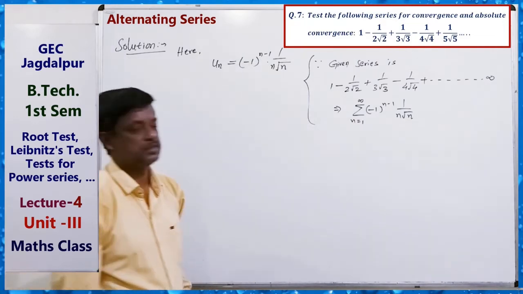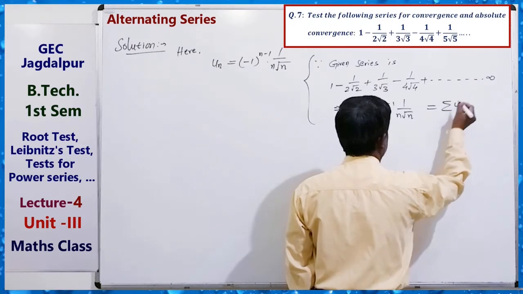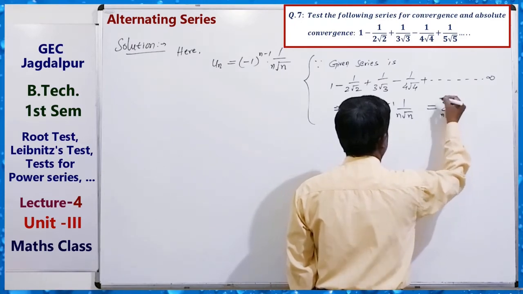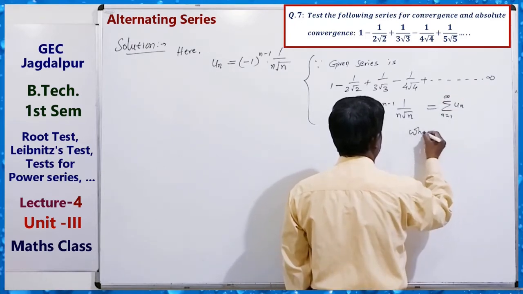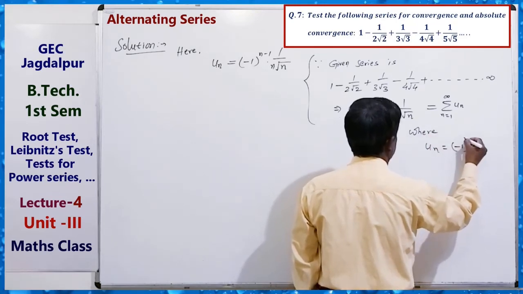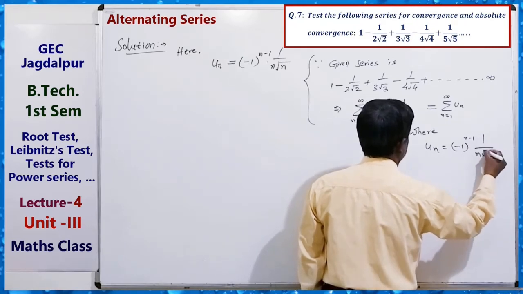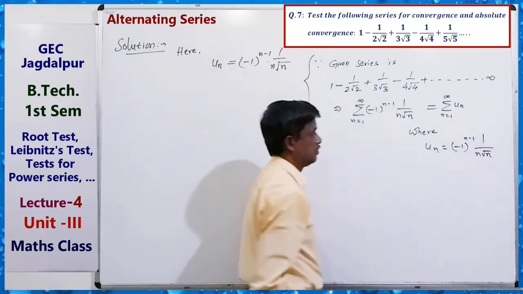This is the series, summation un, where un equals (-1)^(n-1) times 1 upon n root n.